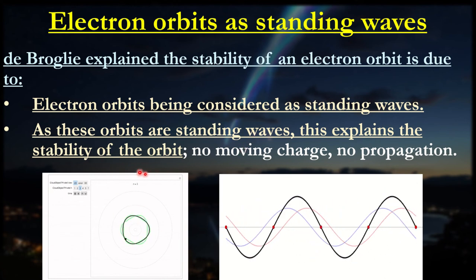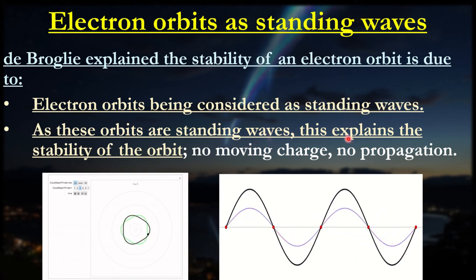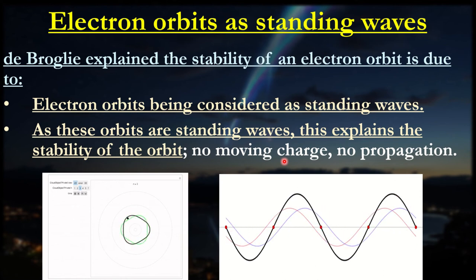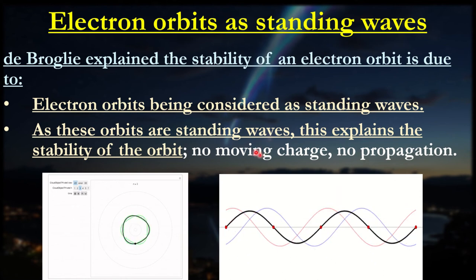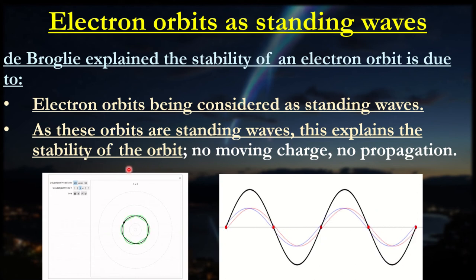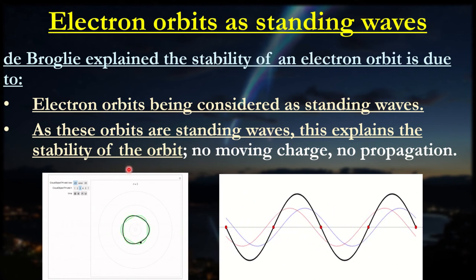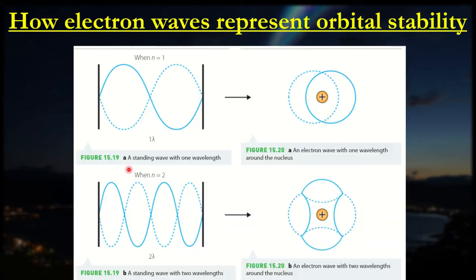However, this movement is essentially a standing wave. This standing wave means that the charge isn't actually moving. Okay, there is no propagation of charged particles. It's forming a standing wave, hence why there's a really stable orbit. Hence, no electromagnetic radiation is formed.